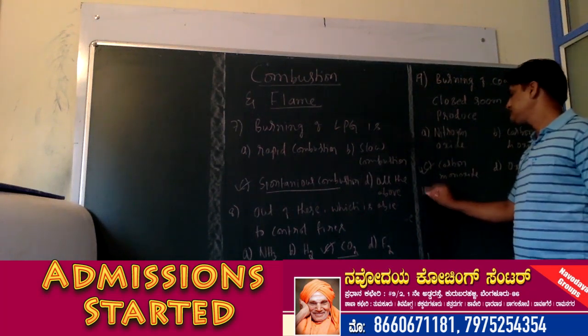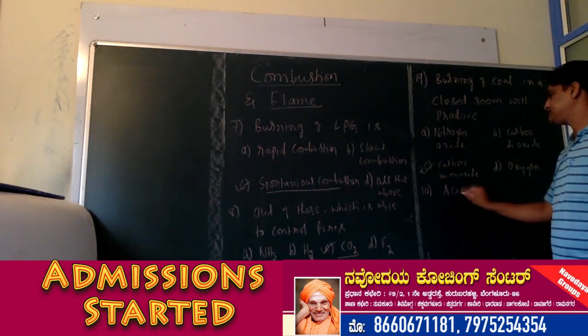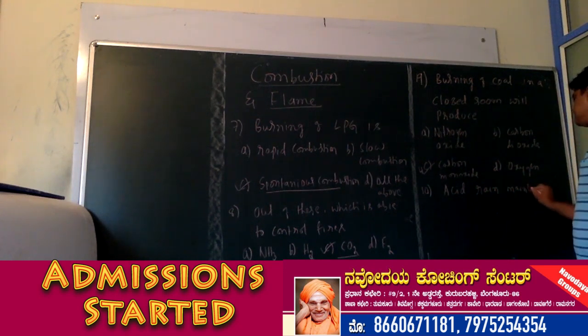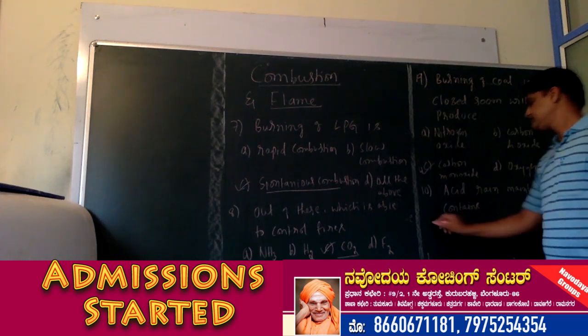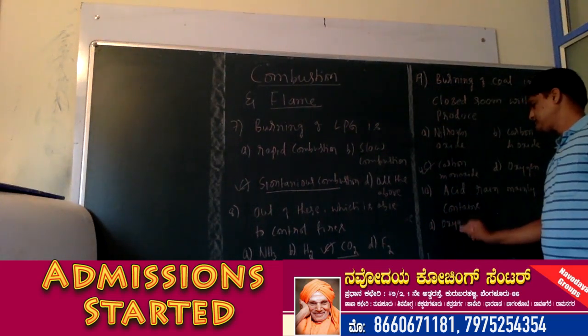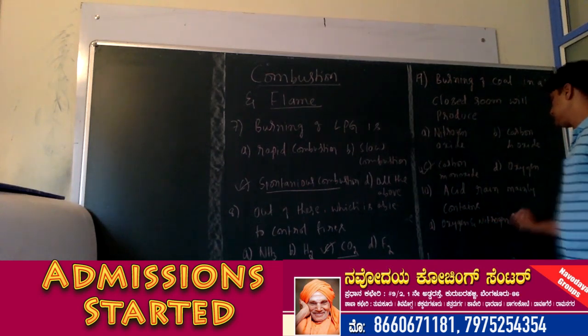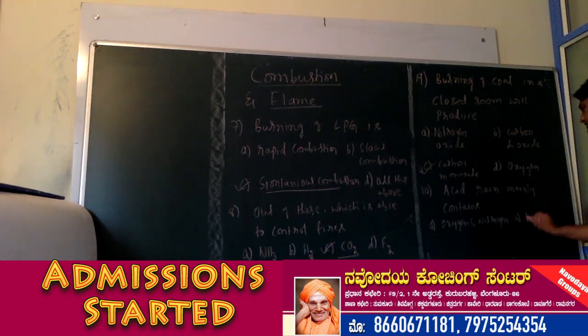The next question. Acid rain mainly contains: option A, oxygen and nitrogen gases. Option B, fluorine and chlorine gases.